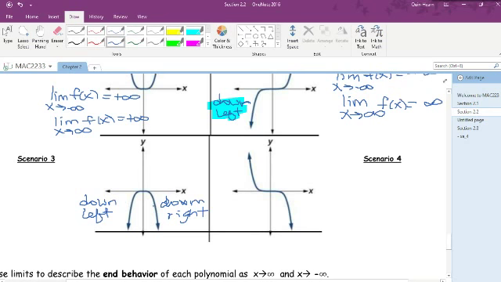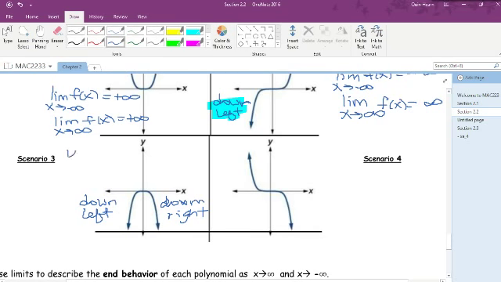Would the coefficient be positive or negative in this case? That's right, it would be negative, like the graph of y equals negative x squared is upside down, right?